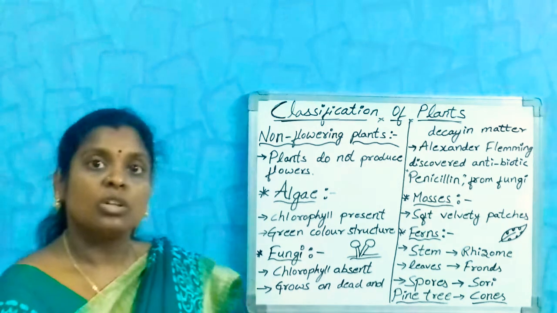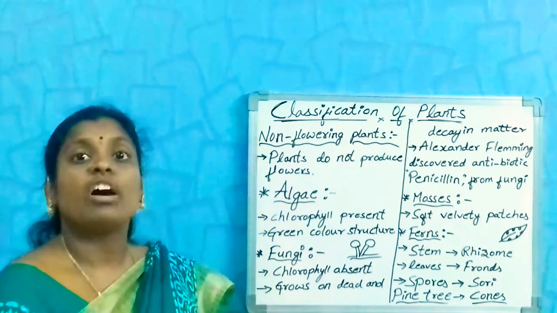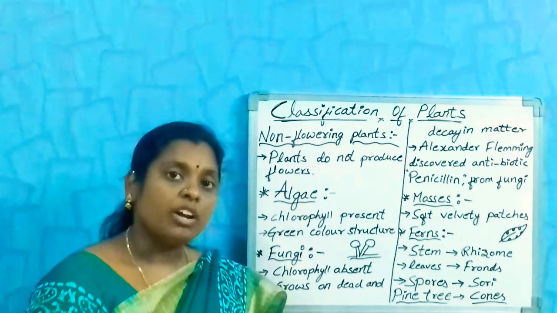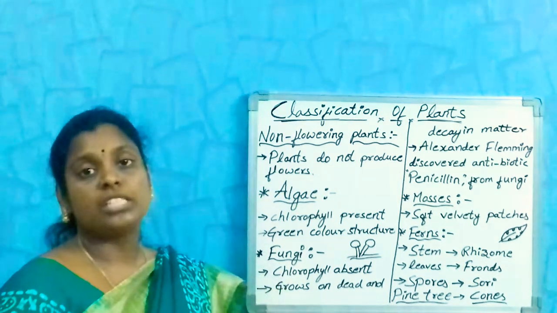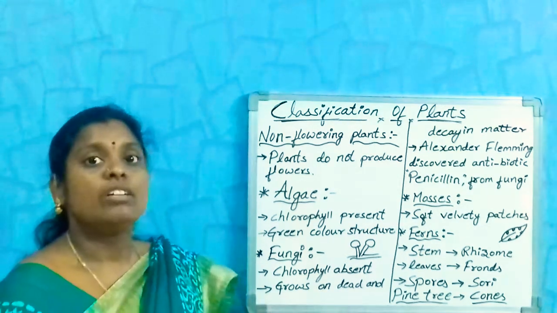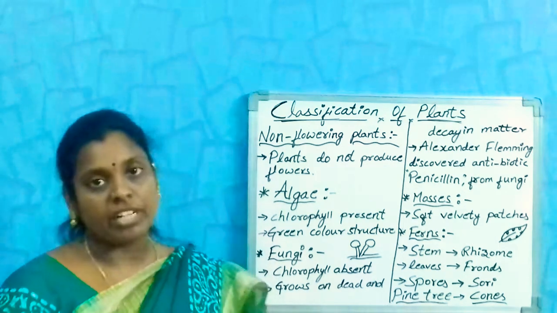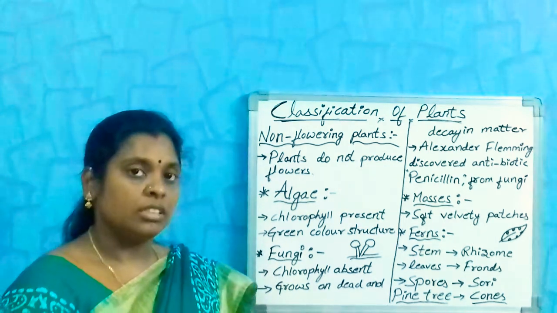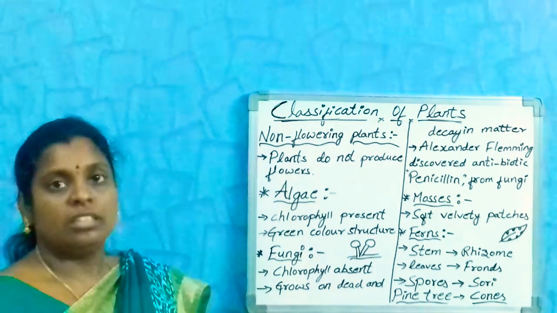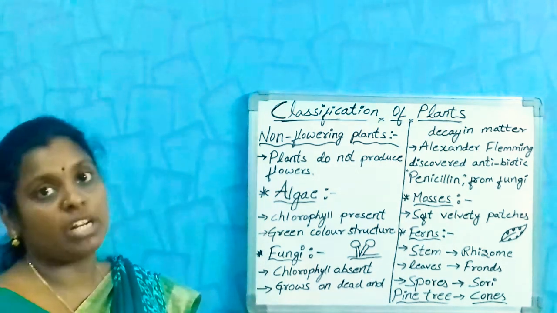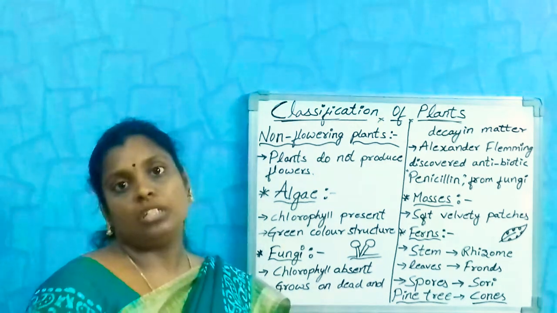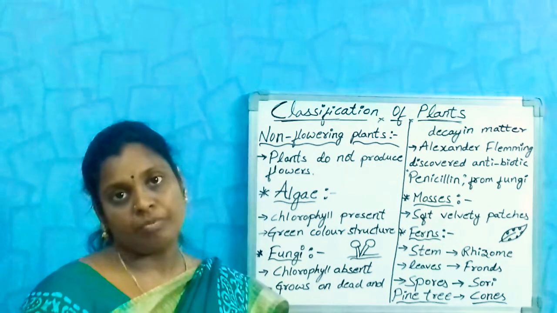Now, let us go with the non-flowering plants. The non-flowering plants are the plants which do not produce any flowers. And you may wonder how these plants will reproduce, how they will develop a new plant from it.